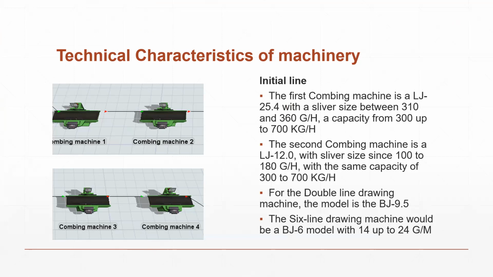For this machine, the combiner will have a set time of 90 seconds for each piece. For the drawing machine, the model is BJ 19.5 with a capacity from 300 to 700 kilograms per hour, 4 kilowatts of power.